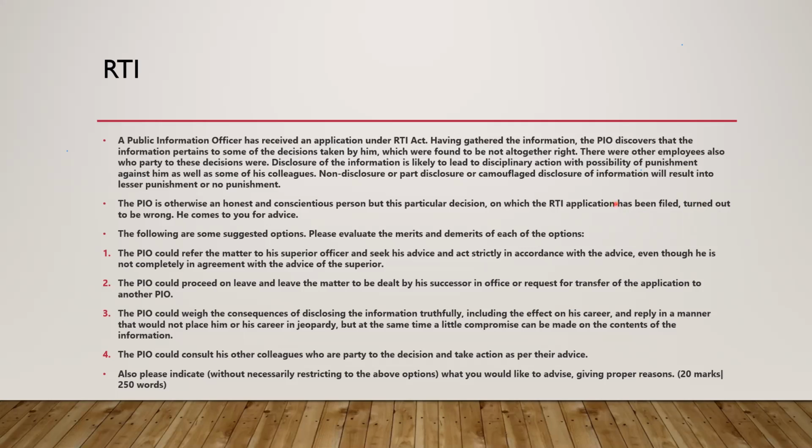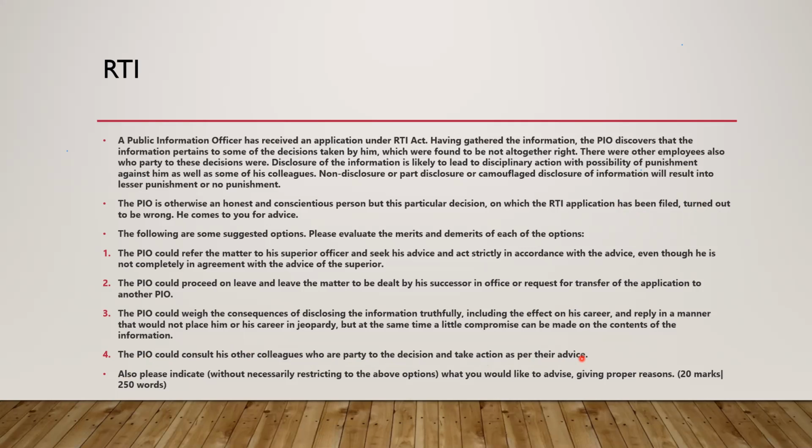Then option number 4, our PIO could consider other colleagues who are party to the decision and take action as per their advice. So the crux of it is that some decision was taken that was wrong. Here you are stuck because the moment you disclose the proper information, you will have to face the consequences.